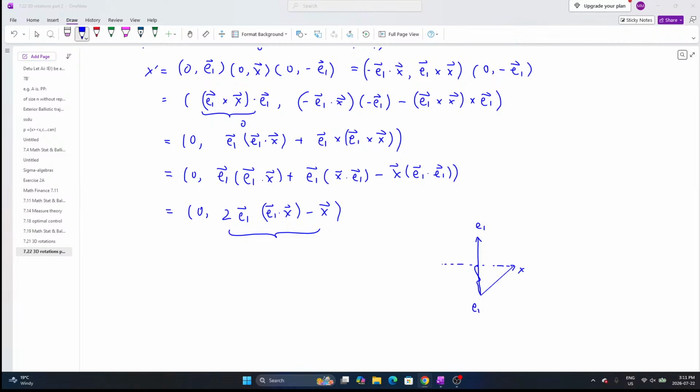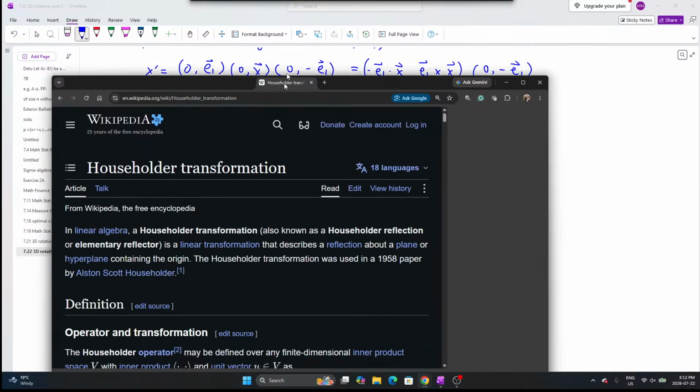Let me just search this up. I think this reminds me of the Householder reflection formula. There we go.